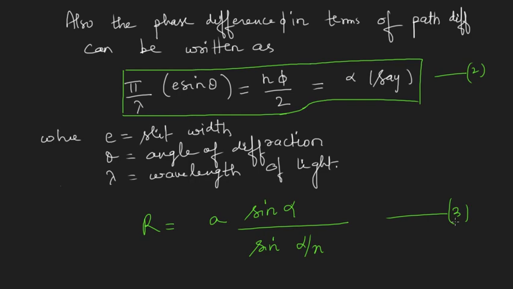Now, this we got because n phi by 2 is equal to alpha and phi by 2 is equal to alpha by n. If you recall, we divided the slit into n parts in order to simplify our calculation.